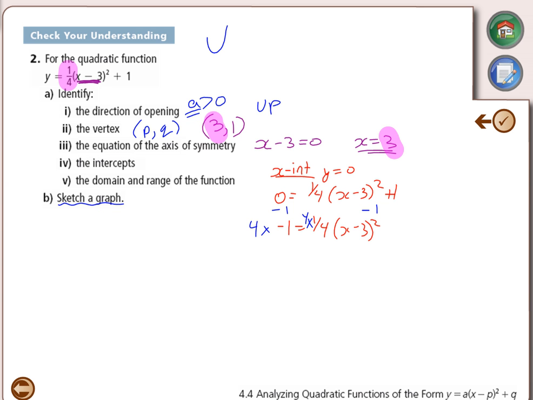We've got now negative 4 equals, cancels off, x minus 3 squared. Next step, square root both sides. When you square root, we got plus or minus. But whoa, wait a minute. That's the square root of a negative number. That means there's no x-intercepts.